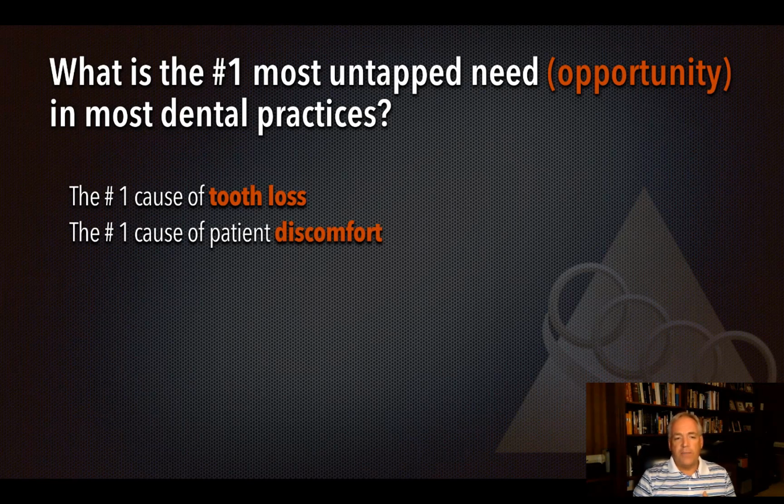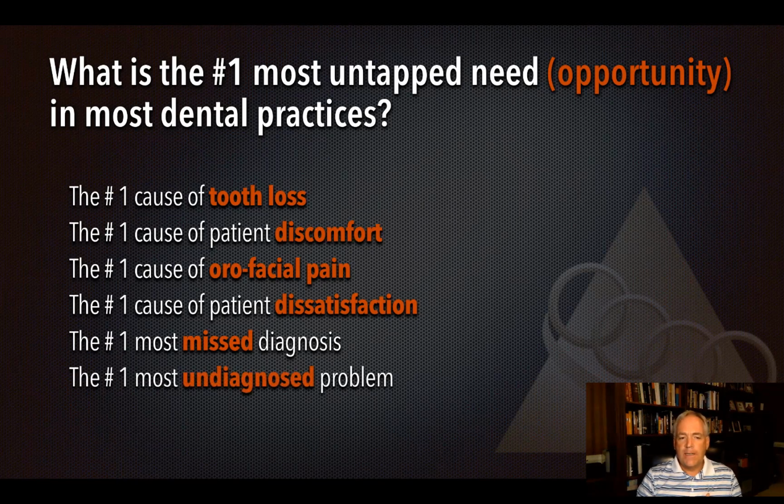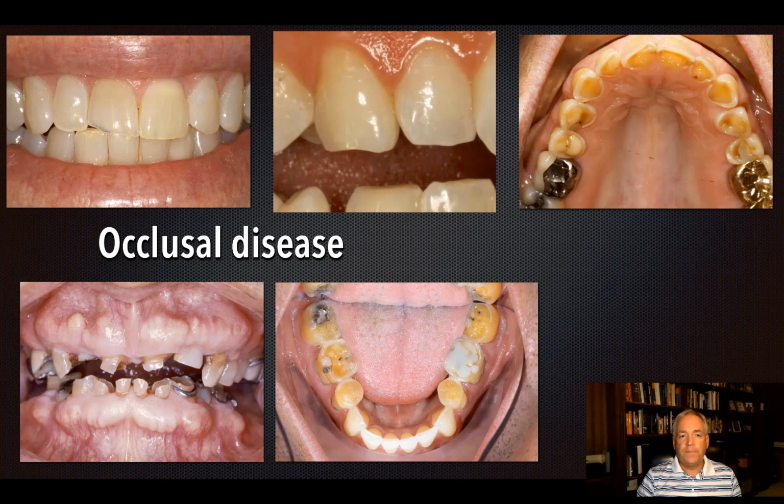It's the number one cause of patient discomfort, the number one cause of orofacial pain, the number one cause of patient dissatisfaction, the number one most misdiagnosed, the number one most undiagnosed problem, and that is occlusal disease. You will learn throughout the course of this course, you're going to learn more and more about that. And of course, our curriculum at the Dawson Academy for advanced dental education is that's what we really teach, is how to manage and handle these types of problems.